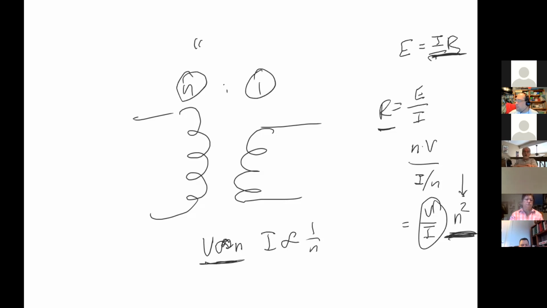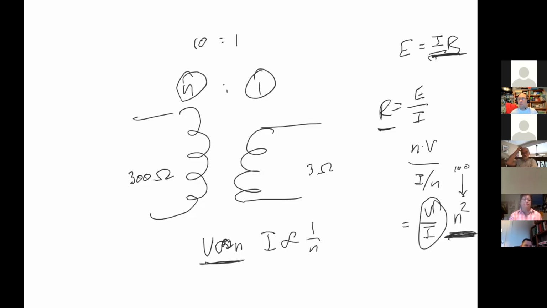If I have 10 to 1, what's N squared? 100. So if I have 3 ohms over here, what will I see on the other side? If I were to measure it, I would see 300 ohms. Trippy, right?